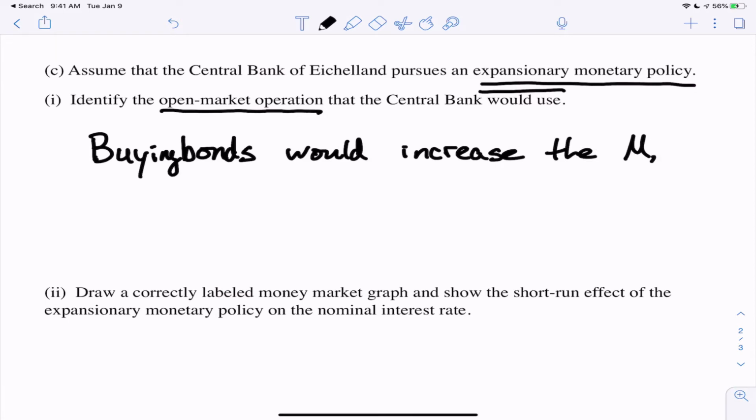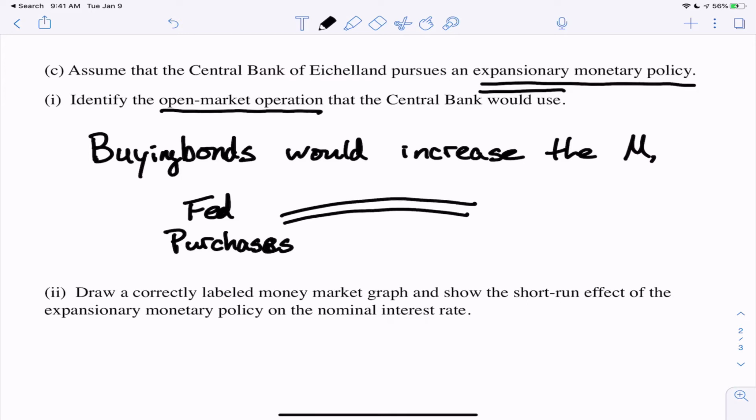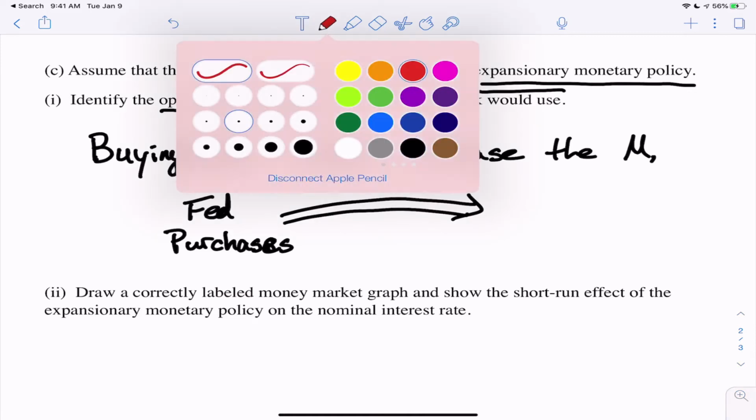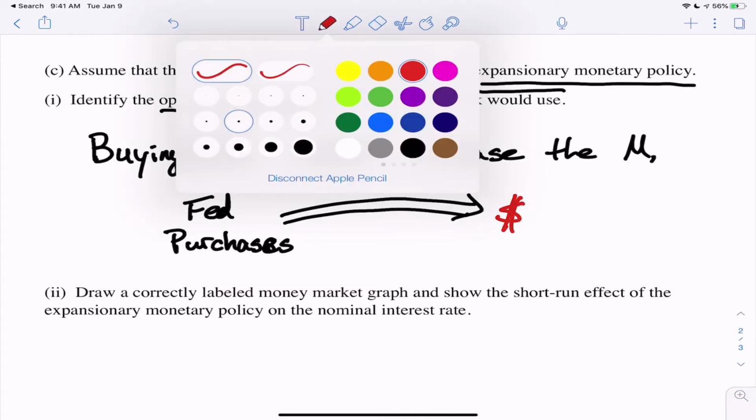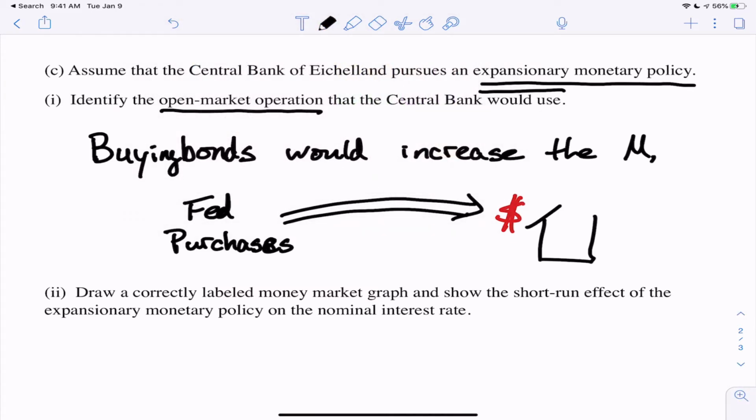And if you recall that if the Fed is buying the bond, that means that they are giving money to the bank, all right? So that is money going into the bank, and then the bank is able to use that money in order to make loans or do whatever, they're going to loan that money out, and loaning money creates new money that's going to further expand the money supply with it.